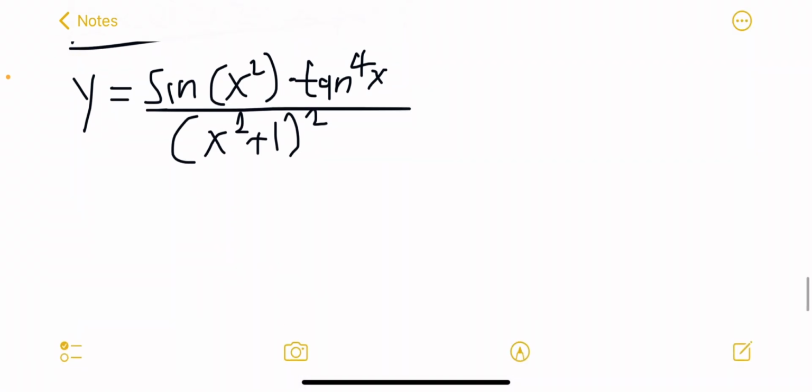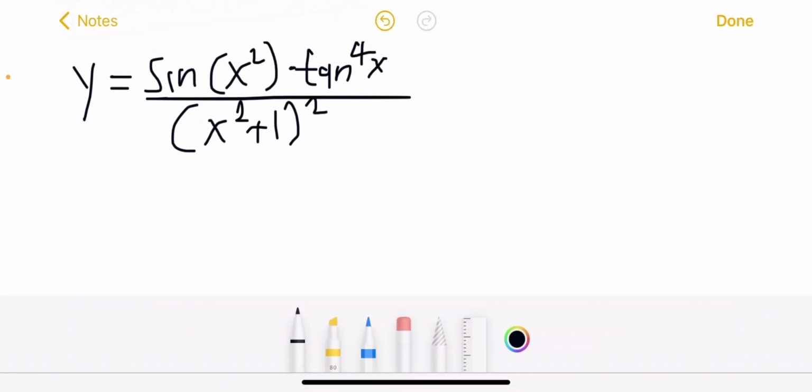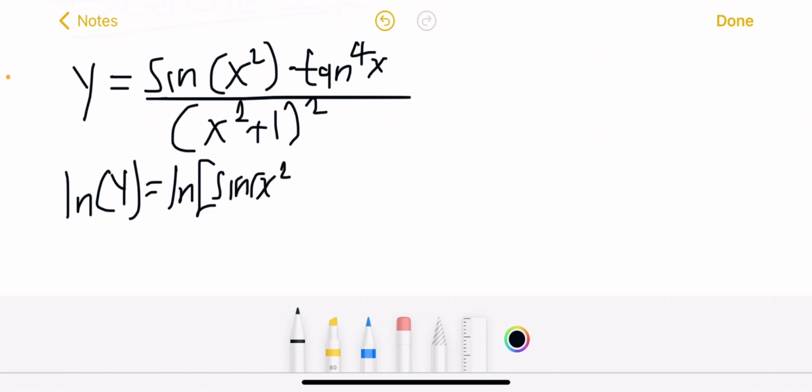using logarithmic differentiation. We know that if we're using logarithmic differentiation, the first thing we must do is apply ln to both sides. This means we'll have ln y equal to ln of sine x squared. Here, don't make the mistake of taking out the squared, because the squared is on top of x, not on top of sine.